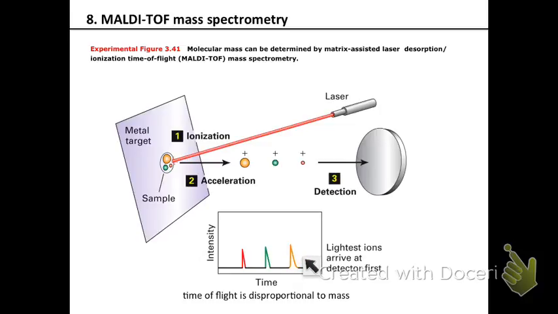The smaller peptides of lower mass fly faster than the larger peptides of larger mass, right? That's basically it. So the smaller peptides are going to hit the detector earlier than the others. So the detector is going to detect first the smaller ones and then the larger ones. Any questions about this?